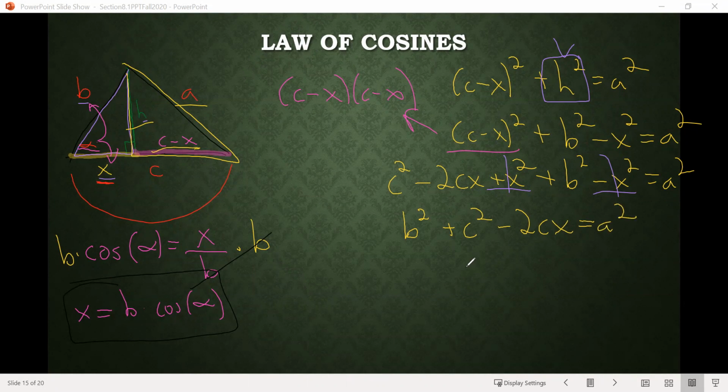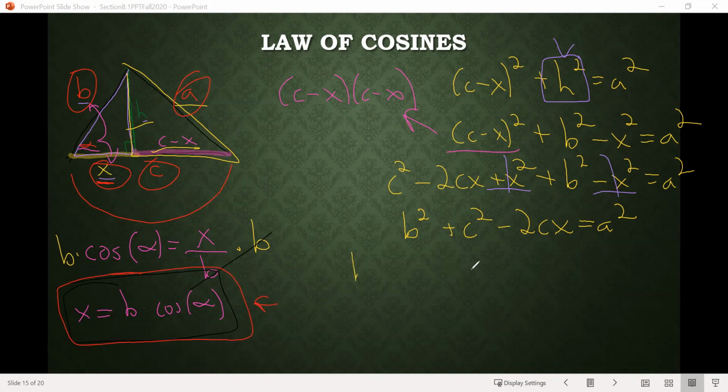And then we were actually almost done here because recall that back here in this original triangle, before I added in the x's and the h's, all we had were side lengths of a, b, and c, right? And x was something I added in. So in this formula we're building, we're going to want to get rid of the x. Well, the way we can do that is using this equation we have right here, what x is equal to. It's equal to b times cosine of alpha.